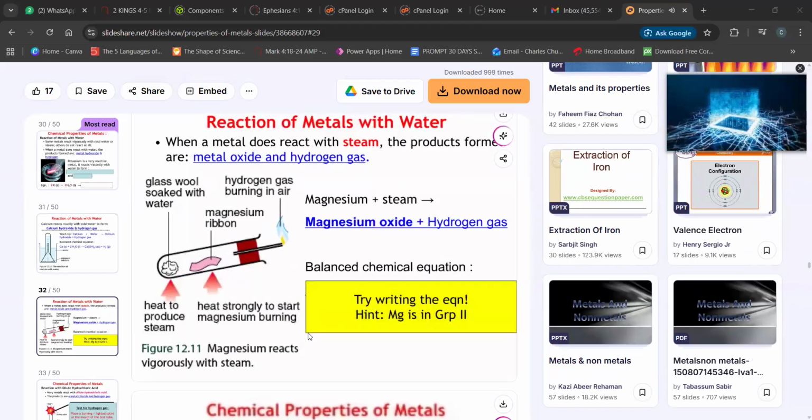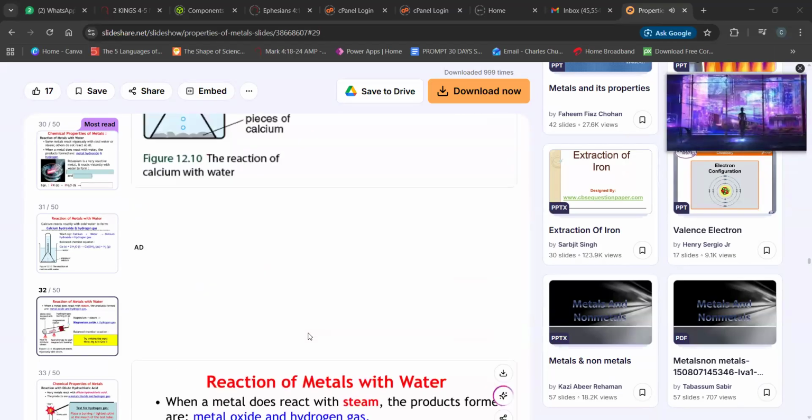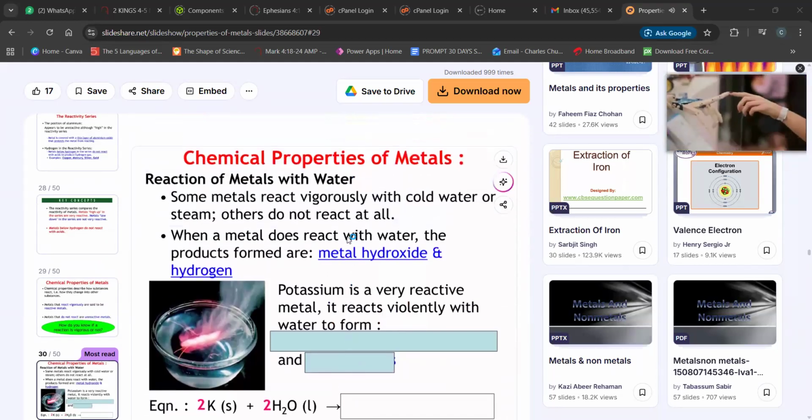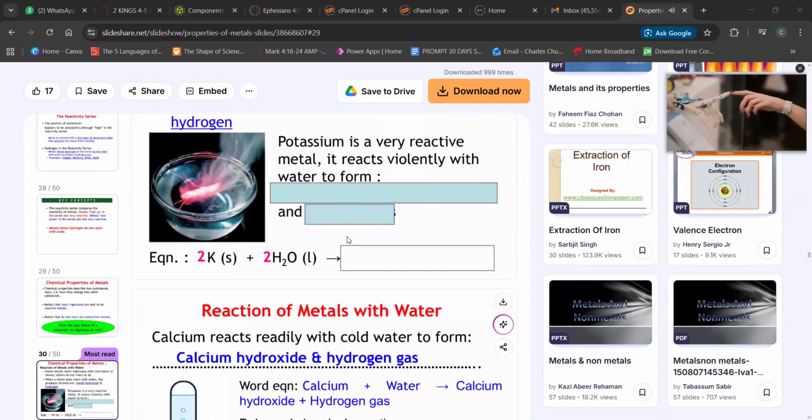These are more metals that are reacting with water. Magnesium would react with steam. So you can see there are some that will react with water, some will react with steam. For instance, look at potassium reacts with water.